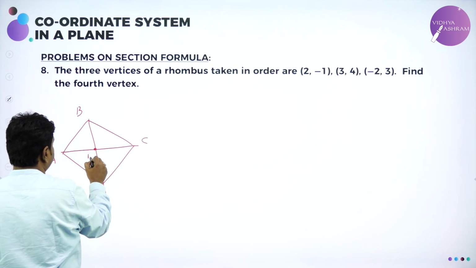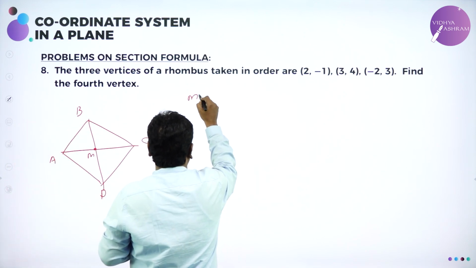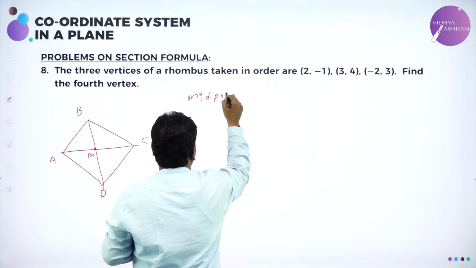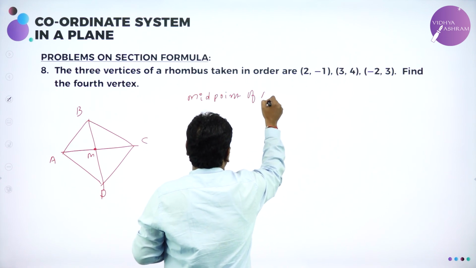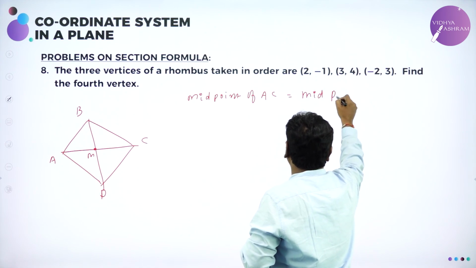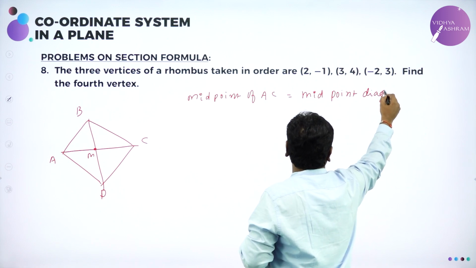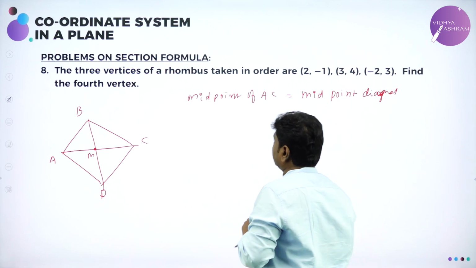This is the midpoint. So the midpoint of AC is equal to the midpoint of the other diagonal BD. Use this, and we have a shortcut also for this. The shortcut is just to verify, but you have to apply the regular method.